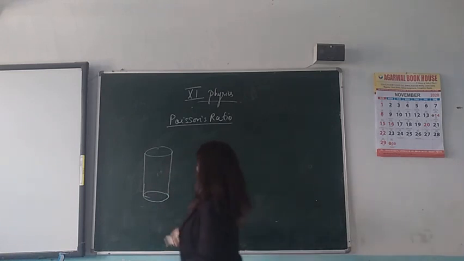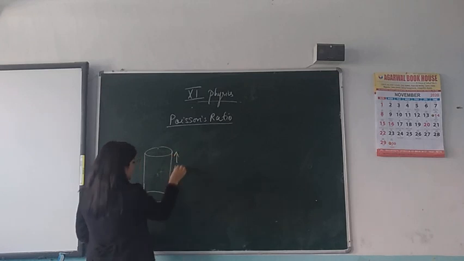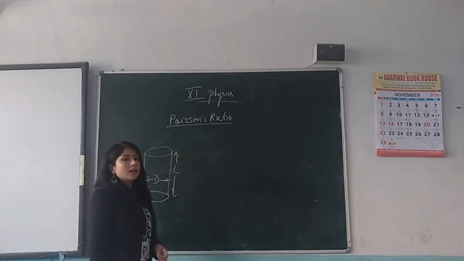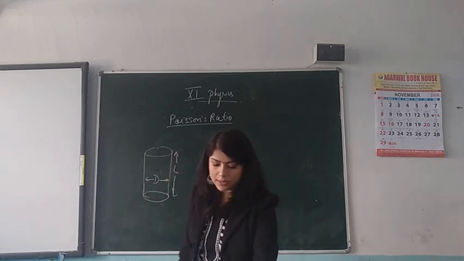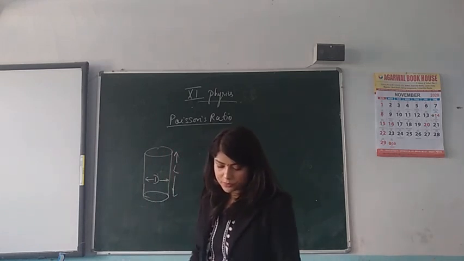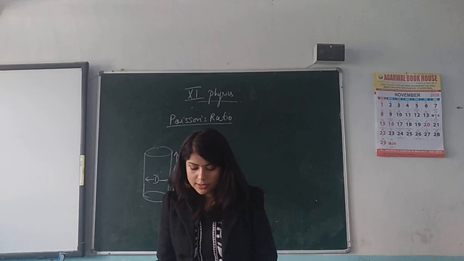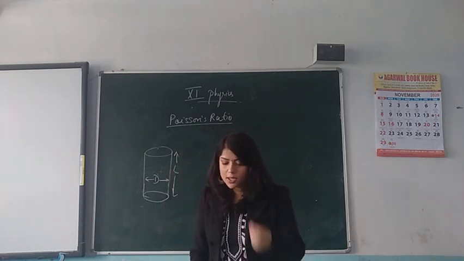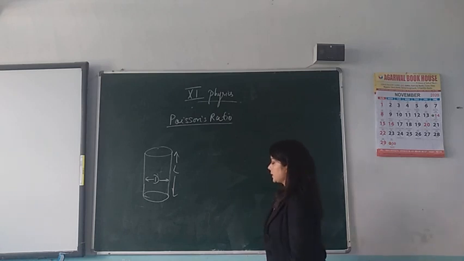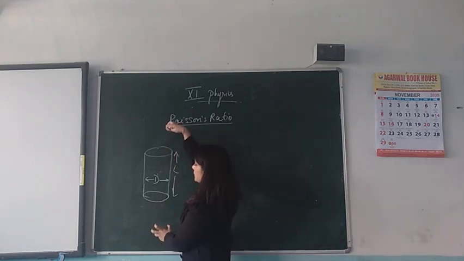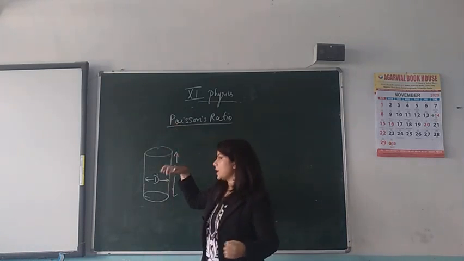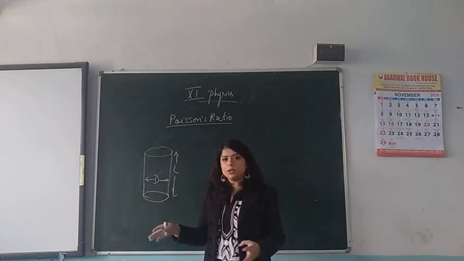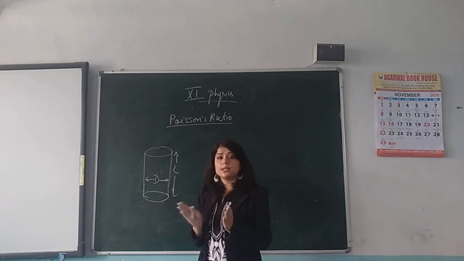So what happens? Initially, the length of this object is L. Diameter is D. Now, when we apply some force, tensile stress, it contracts the perpendicular distance. What happens when you apply a tensile force? That means we try to increase the length of the object. The length will increase, rather the diameter of the object will decrease.